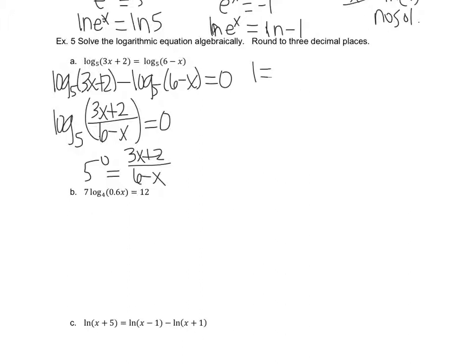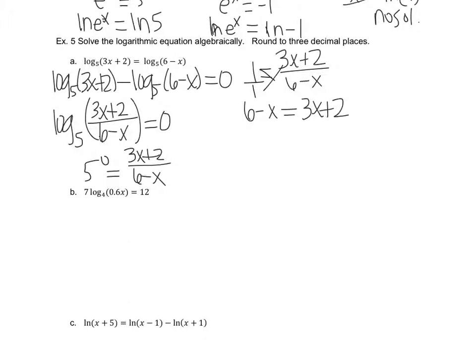So 1 equals 3x plus 2 over 6 minus x. And then use cross multiply. So this is going to be 6 minus x equals 3x plus 2.